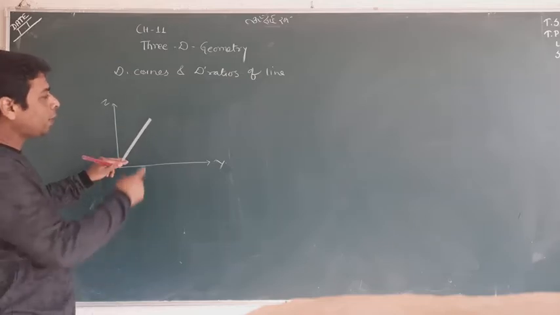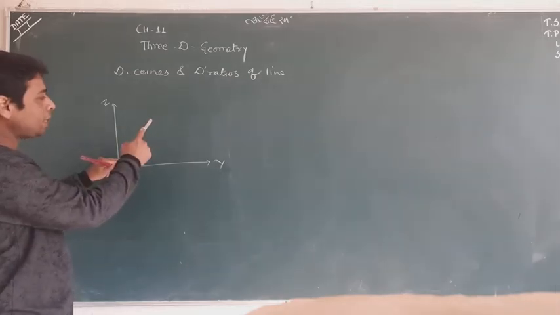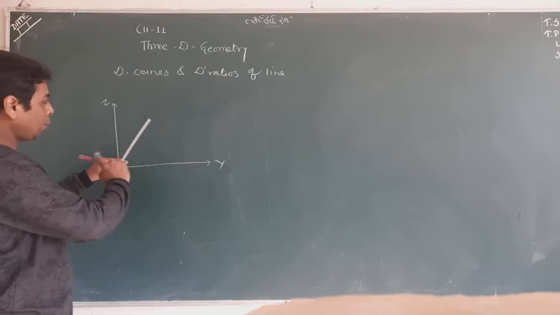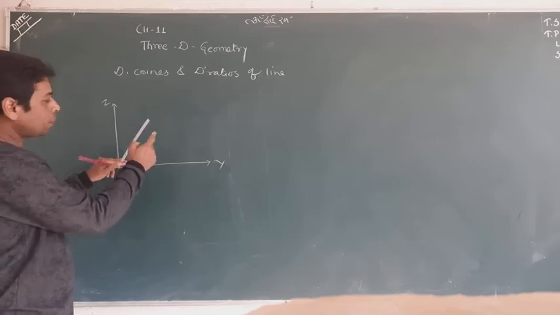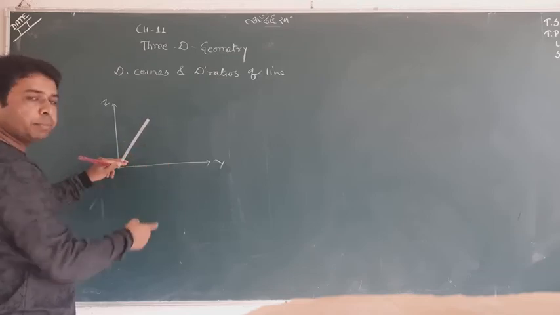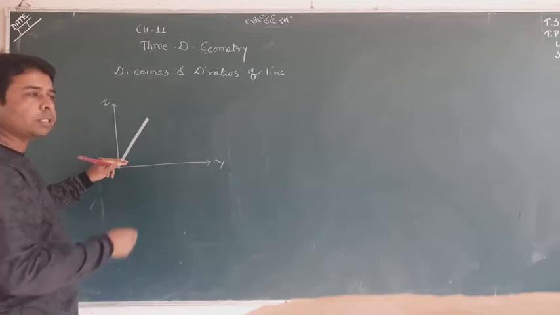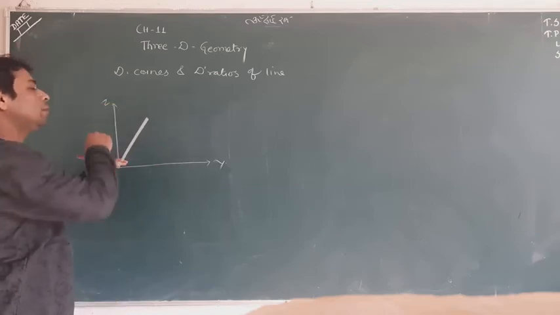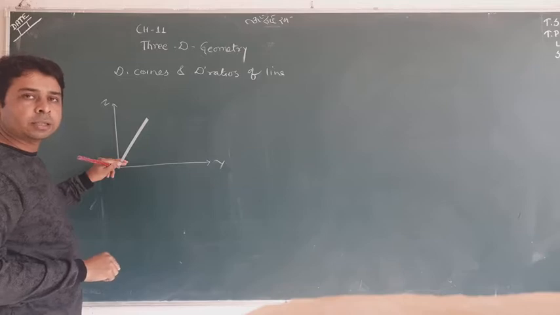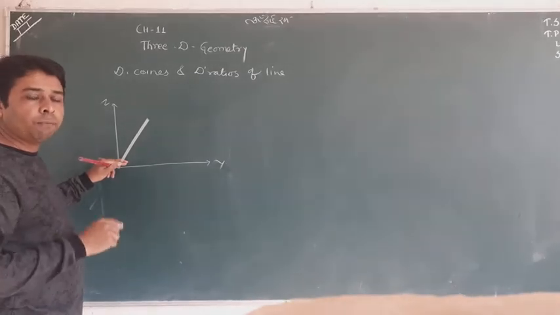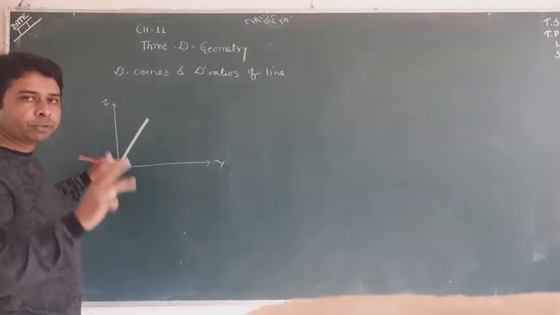I taught you that this line is making angle alpha with the positive direction of the x-axis. This line is making angle beta with the positive direction of the y-axis, and the angle gamma with the z-axis.